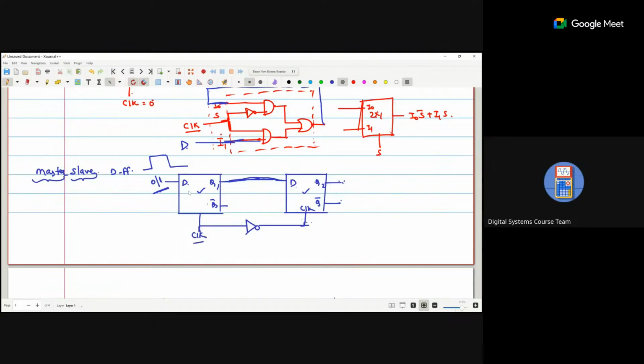Opposite level triggered means that if the first one is positive, the second one is negative. If the second one is positive, the first one is negative. So that is if we connect two latches in cascade form.